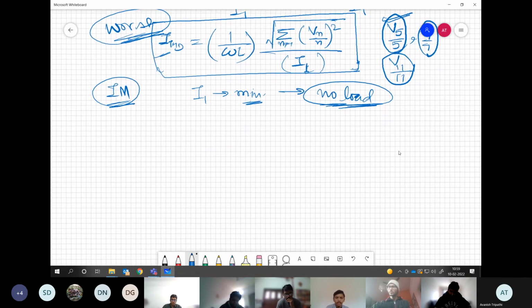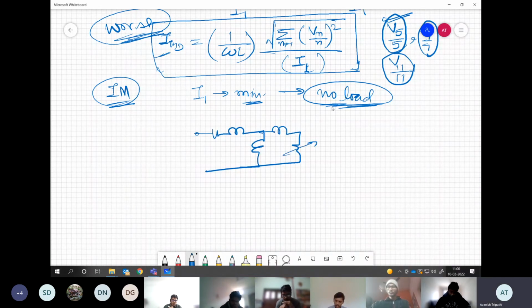Yes, sir. Now quickly we can see the least value, or the no load value, of the current is basically nothing but the magnetizing current, which is flowing in the system.